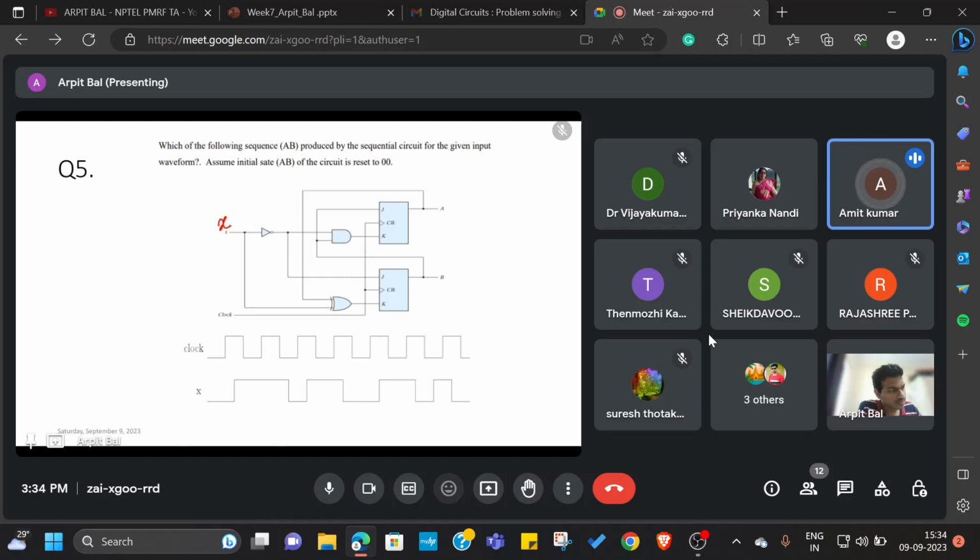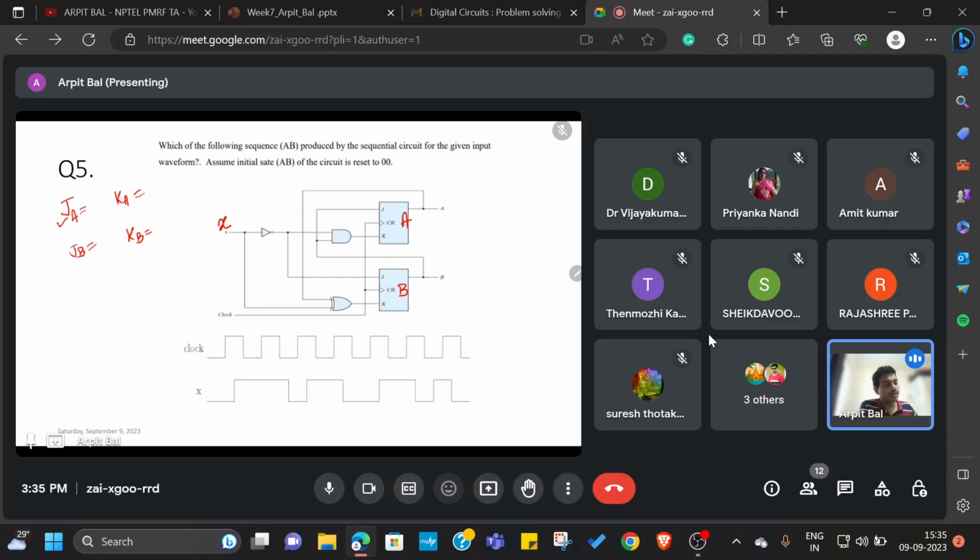First of all, find out the values of J and K. Correct, which will be connected on the flip-flops. So let me call this flip-flop A and this flip-flop B, and let me use notations like JA and KA to denote that it belongs to the A flip-flop, and JB and KB, which implies that it belongs to the B flip-flop.